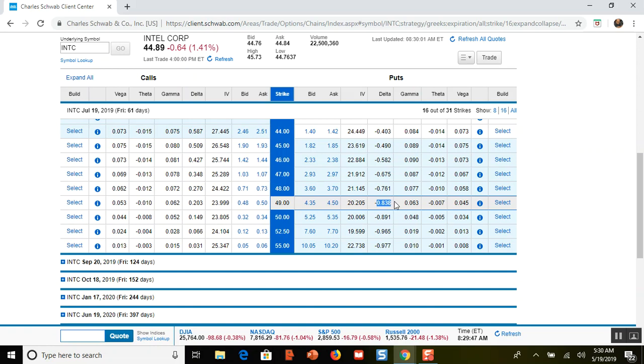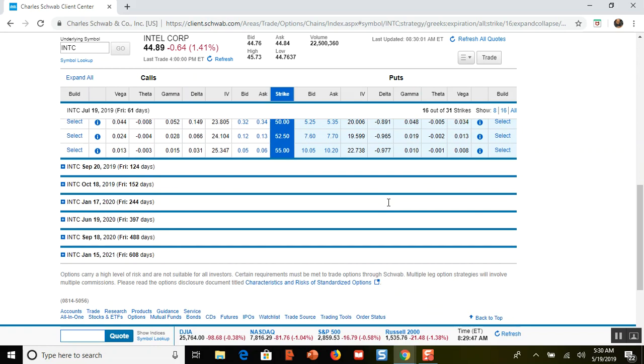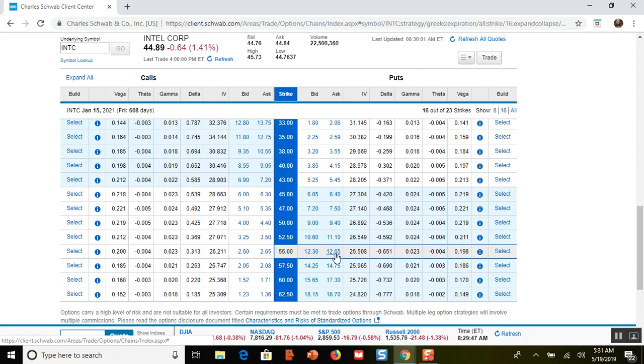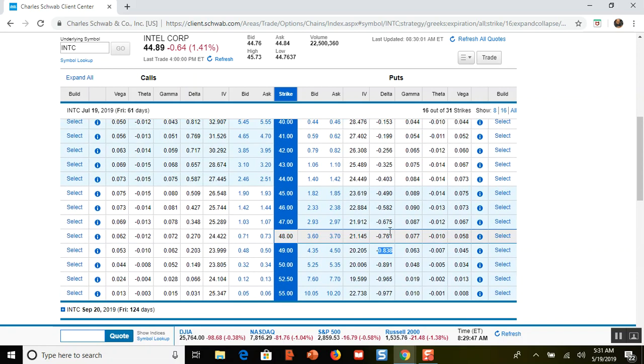The 49 has an 83 delta, and I already know without looking that's going to be way higher than the delta on my long, but let's look and see how much higher. So I have a 52.50, and it's a 59 and 20. So let's say 60. So the delta is 89, so I'm losing about $30 per contract.